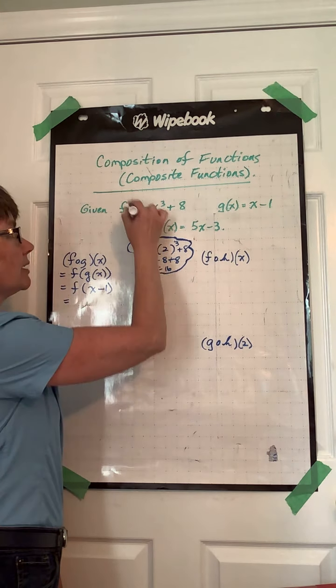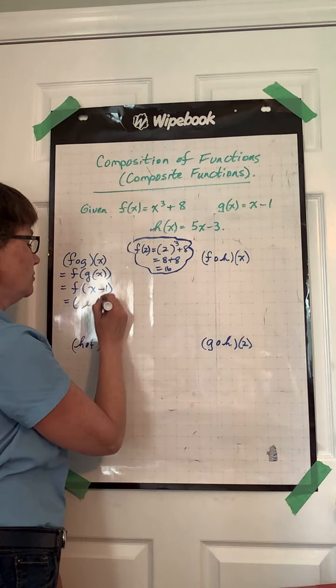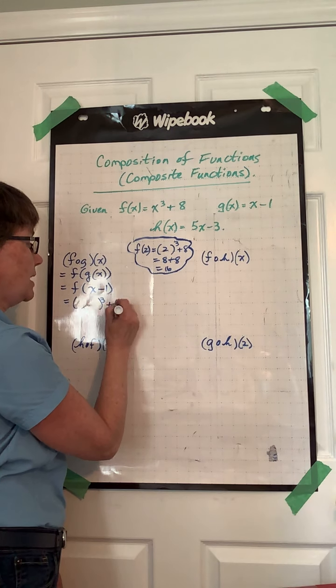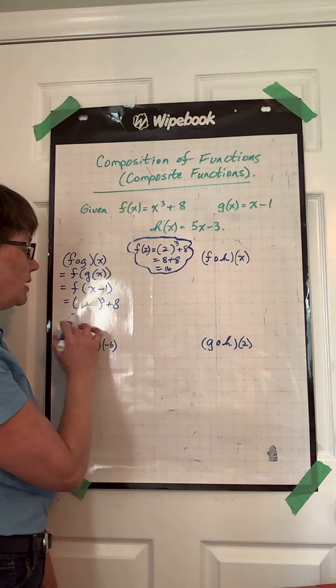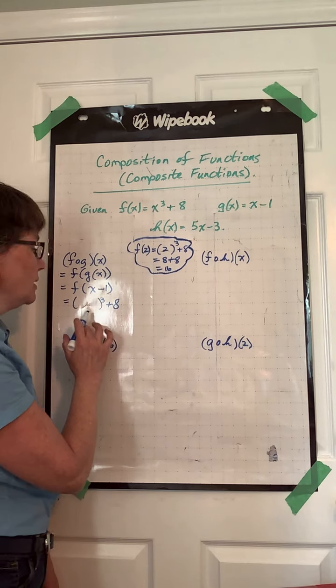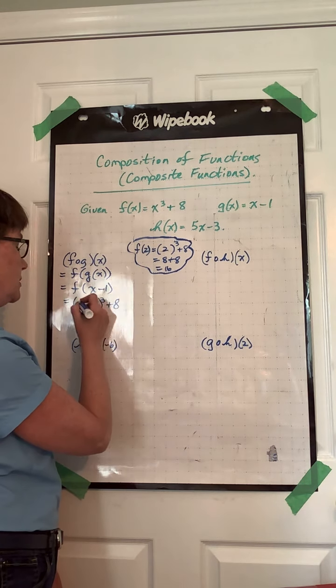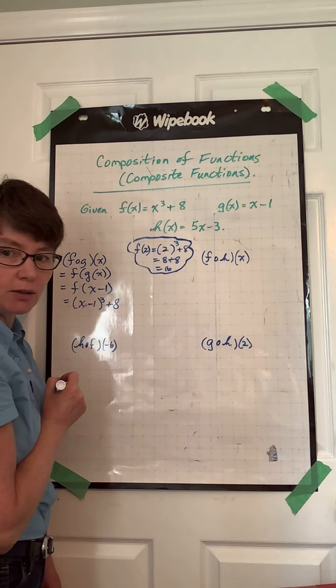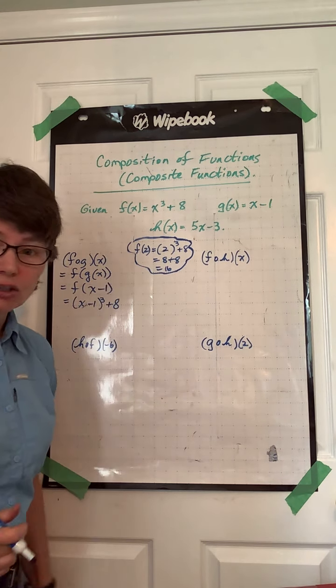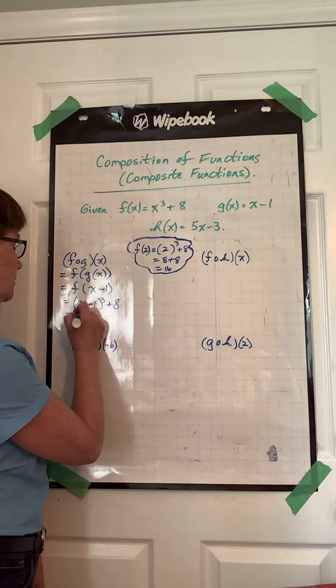We take that f function again, copy it down, put a bracket wherever there's an x. And we're replacing x in the bracket with whatever is in this bracket up above, so x subtract 1. Now keep in mind that's cubed, which means this.